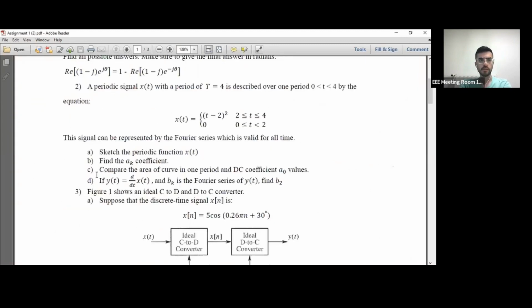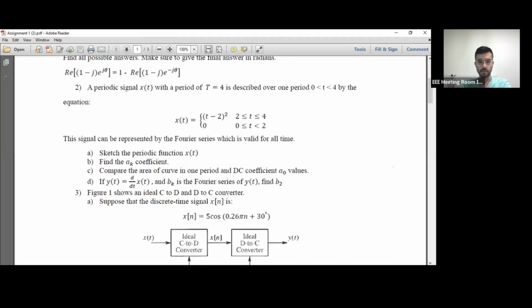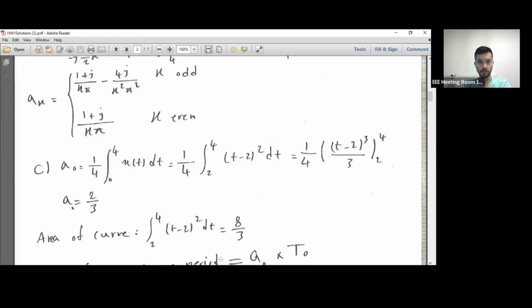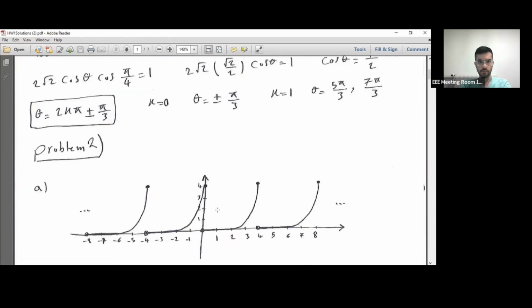Okay, part C says compare the area of curve in one period and DC coefficient, which is A0 value. So as you can see here, let me move to the answer key here. In one period, we will have the area under the curve, which means here.